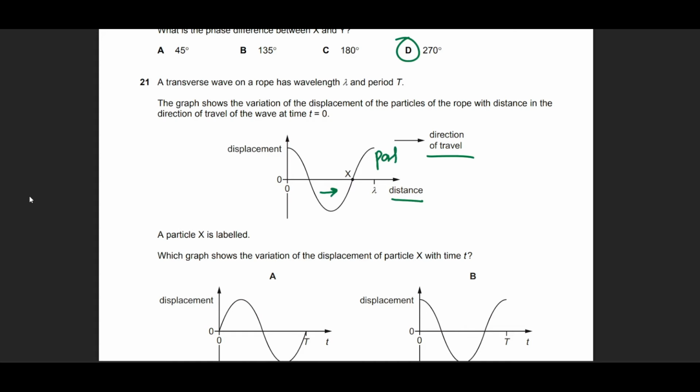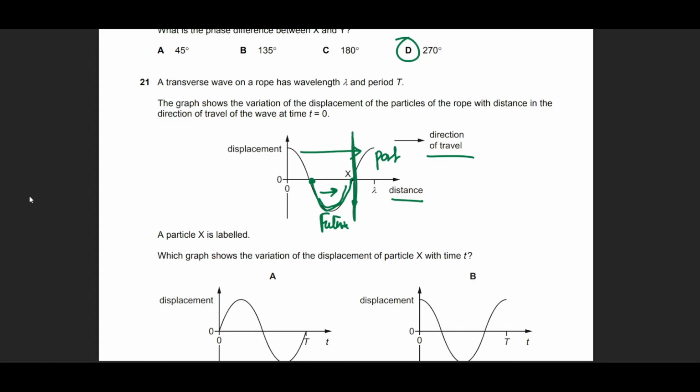This is its past and this is its future, because the direction of movement of the wave is in this direction. So X is going to go down, because this is the phase it is going to experience next. X is going to remain at this point. X is not moving forward and backward.